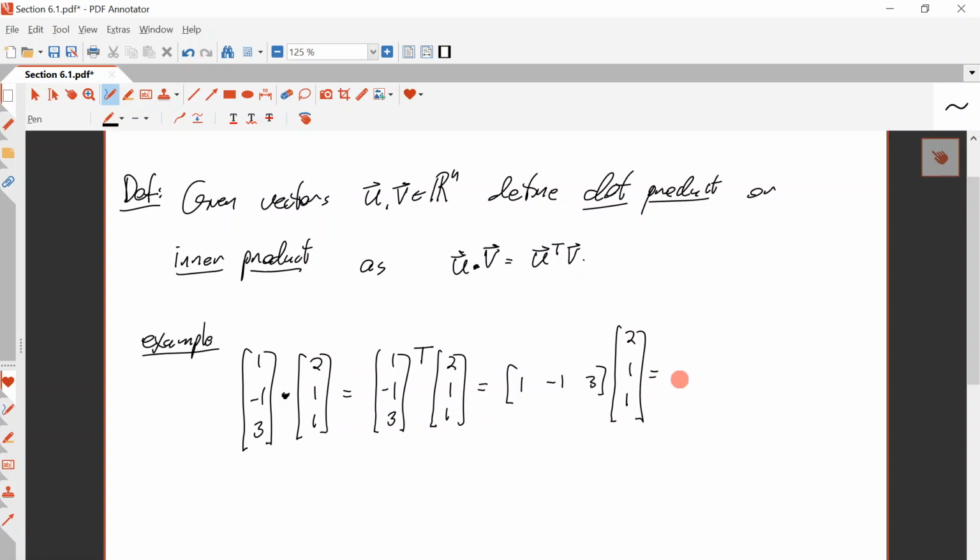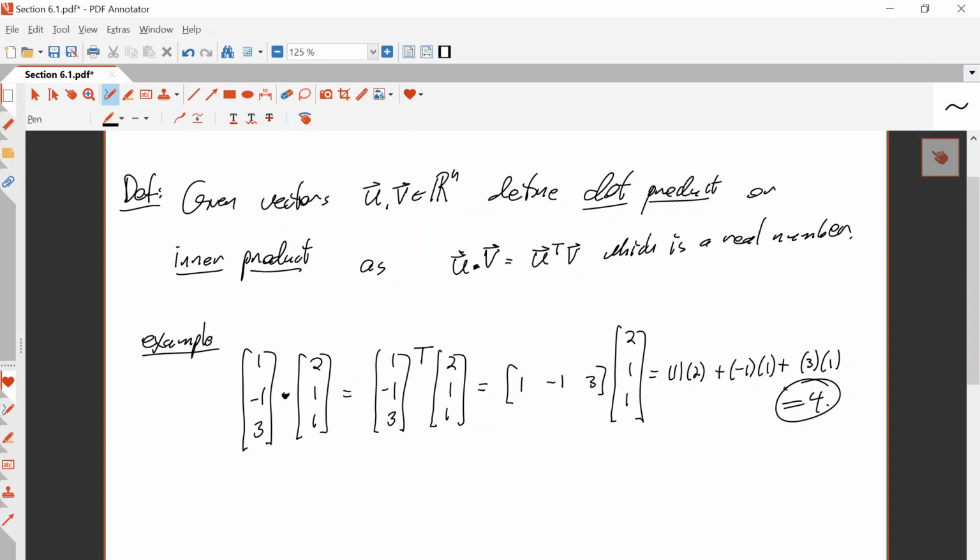And this is 1 times 2, plus -1 times 1, plus 3 times 1. So that's 5 minus 1, which is 4. And you'll notice that it's a real number, right? The dot product is a real number.